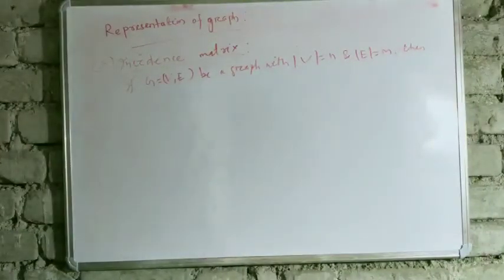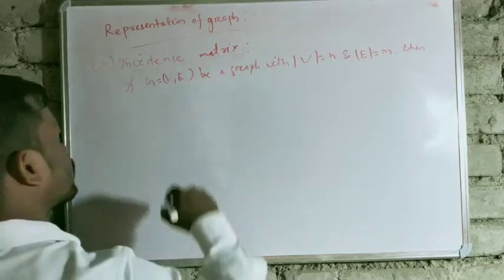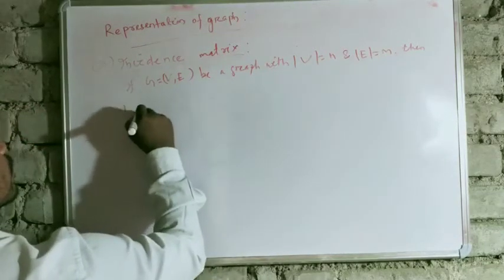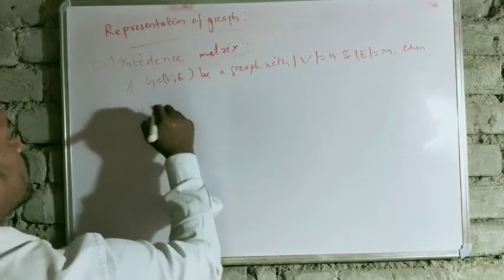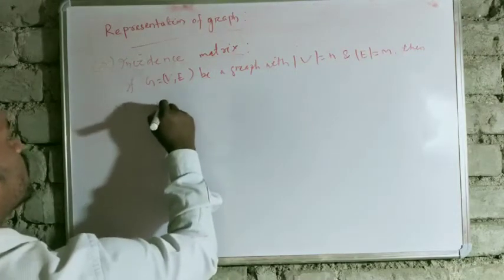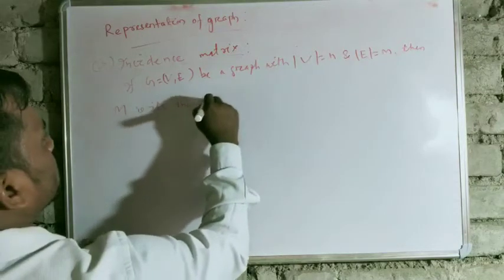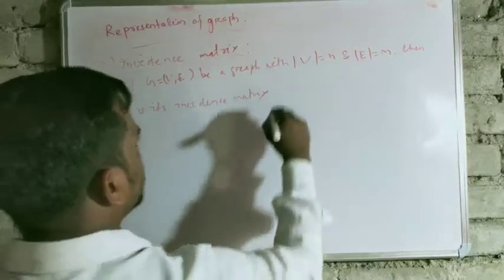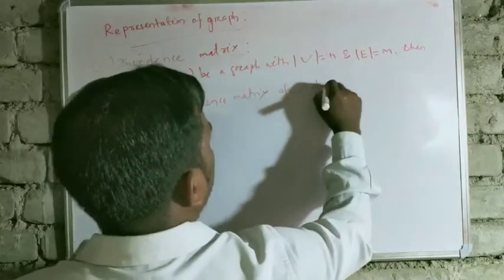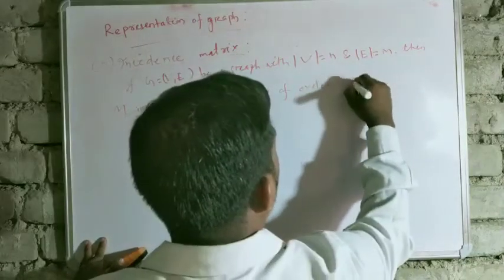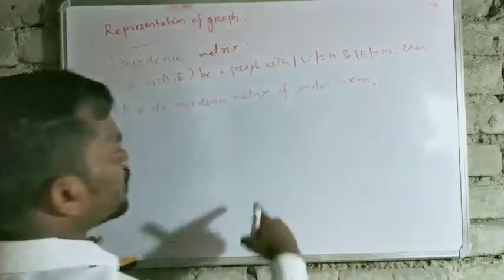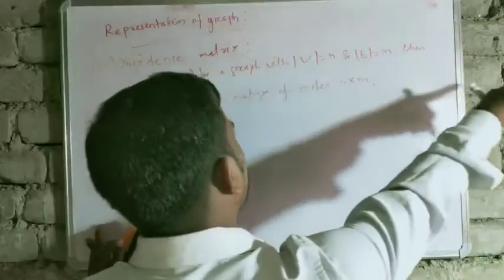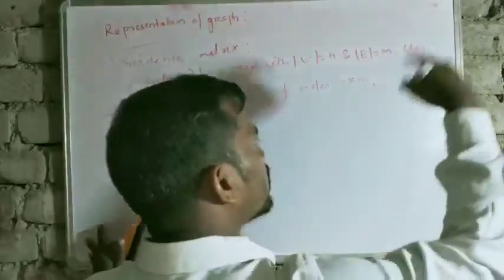its incidence matrix M is of order n cross m. That means I am taking the rows as the vertices and the columns as its edges.